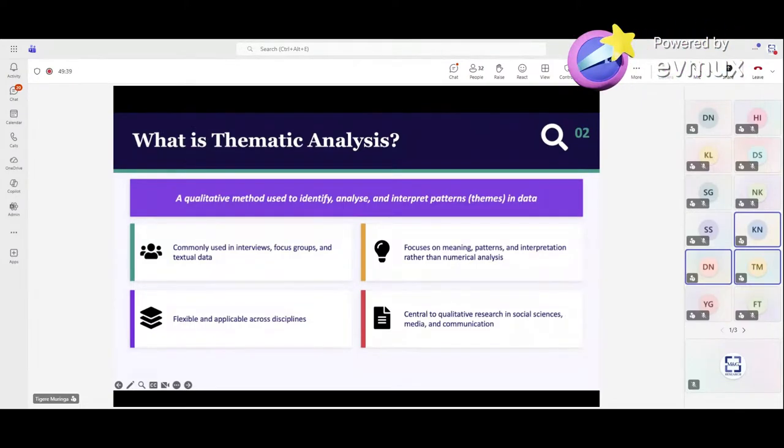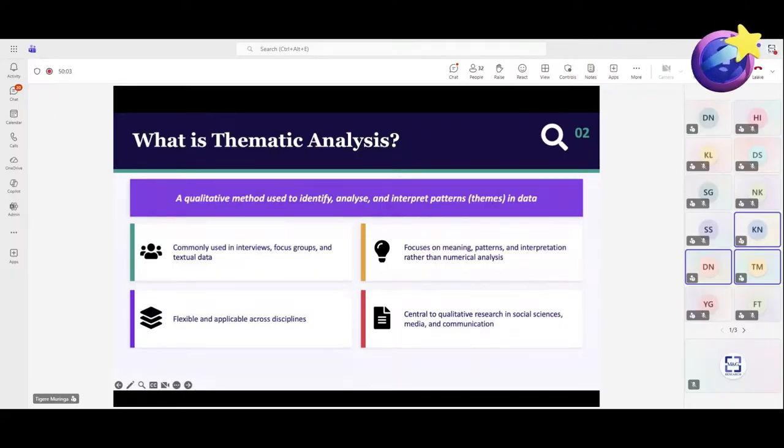So that process involves identifying patterns and interpreting patterns in response to your prompts or the question that you have asked them.